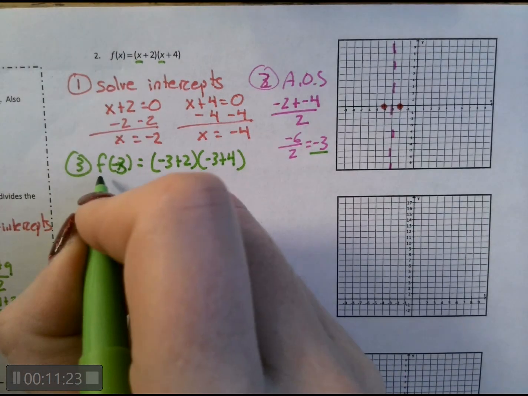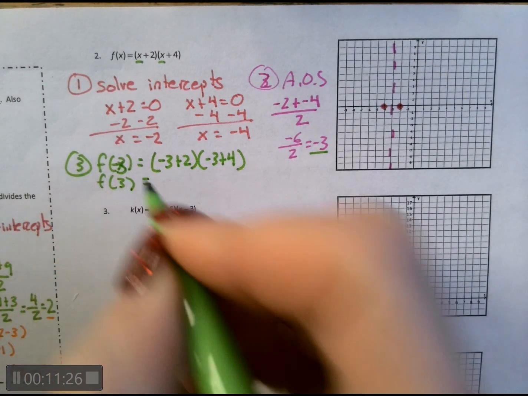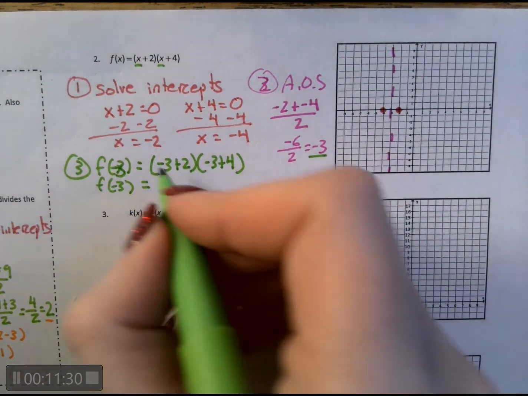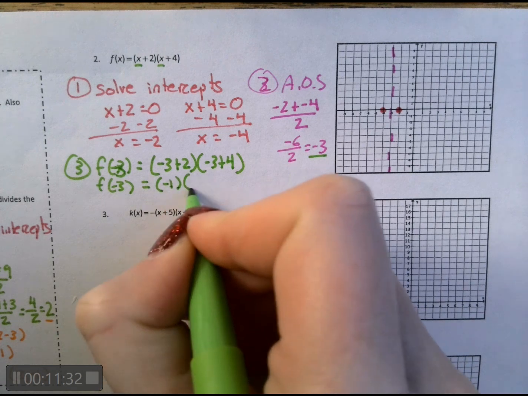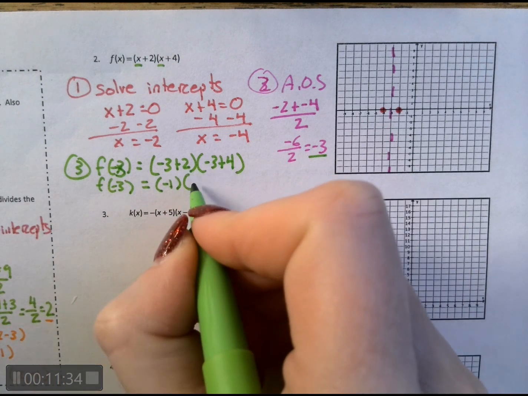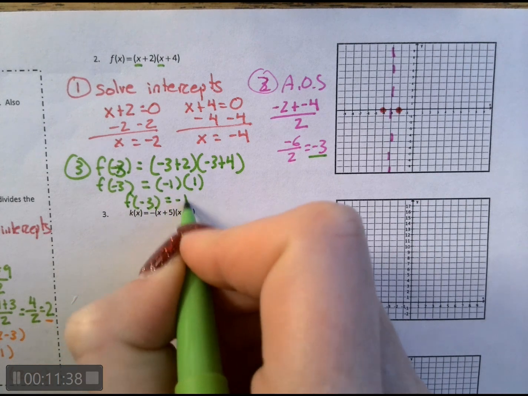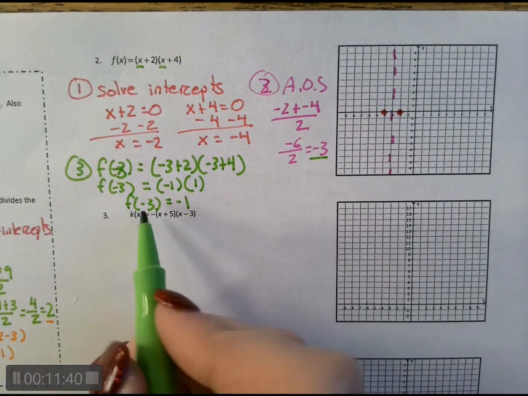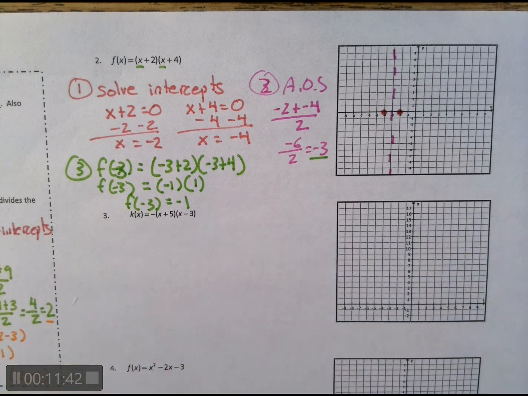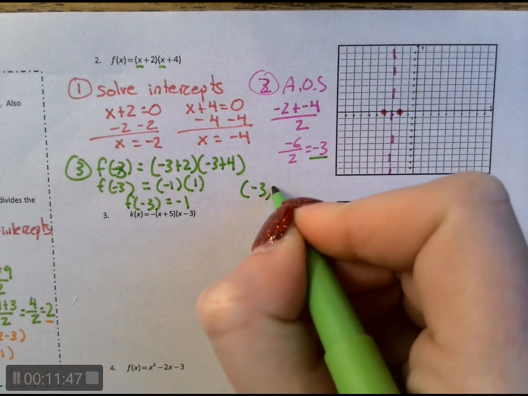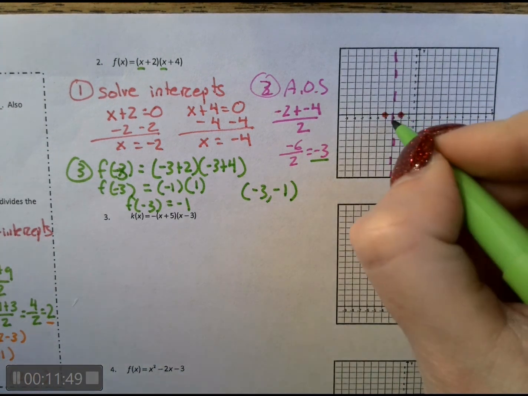Okay, so then f of negative 3 equals negative 3 plus 2 will give us negative 1 times negative 3 plus 4 will give us 1. So f of negative 3 equals negative 1. And remember, this just means y. So then our vertex is negative 3, negative 1.